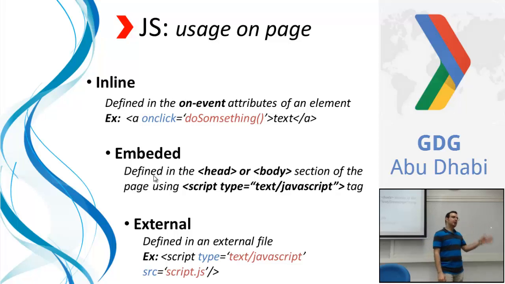So same as CSS, we have 3 ways to define JavaScript. We have the inline, which is also inside the tag itself. You have an attribute. Like here, we want to tell the browser, when you click on this element, so onclick, do something, which is a function we define.